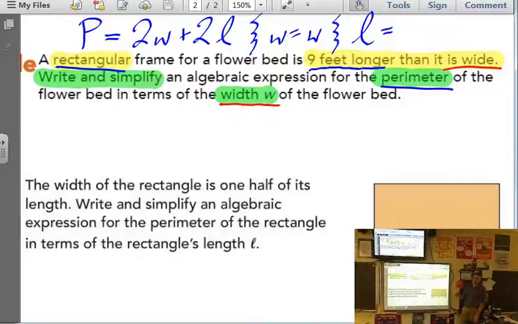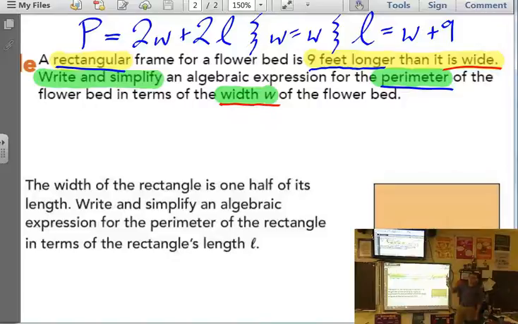Abby? Addition. What is it longer compared to? Compared to the W. So it is the width plus 9. So we now have figured out our width, it's W. What's our length? It is also W, but W plus 9.